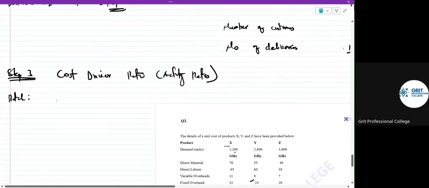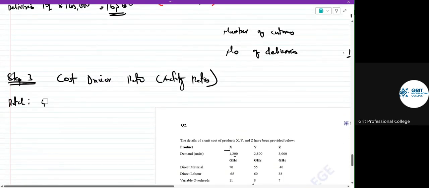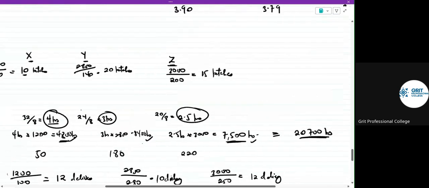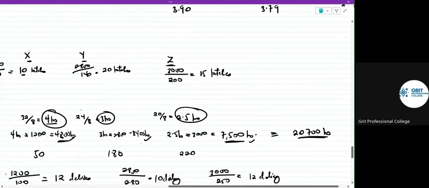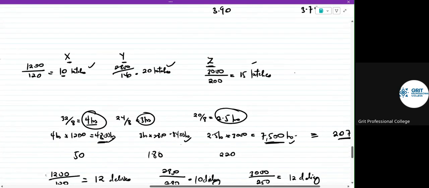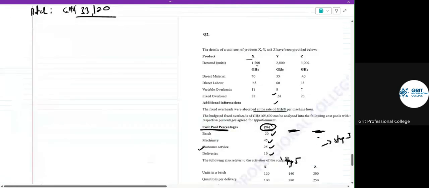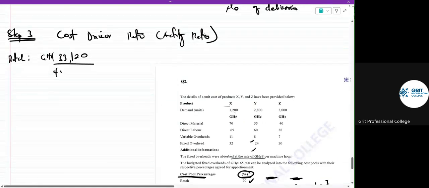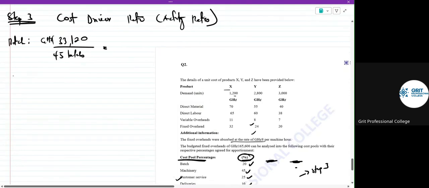That is 33,120 Ghana cedis. Then we divide it by the total. So we have to sum everything up. You have 10 for X, 20 and this, and that'll give you a total of, I believe, 45. So this is 45 batches. And what would the CDR be?